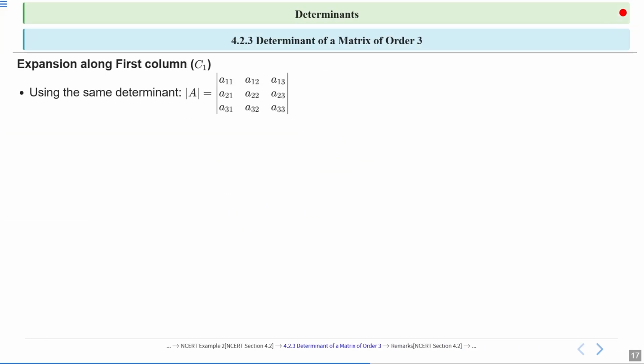Now we expand along first column. So the first column is a11, a21, a31. So using the same determinant, when we expand along the first column, the first element is a11.